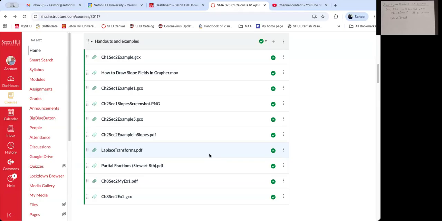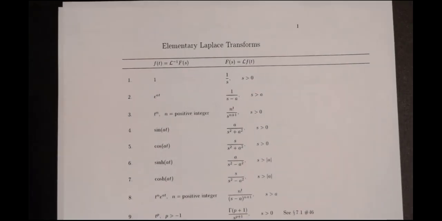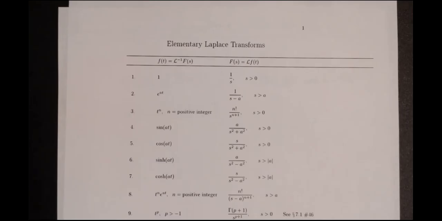You'll get this for the next exam. It will be attached to the exam. But this allows me a nice, easy way to do this if the function F of s is already on this sheet. I can simply work from right to left instead of left to right.